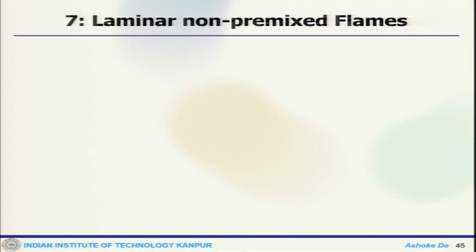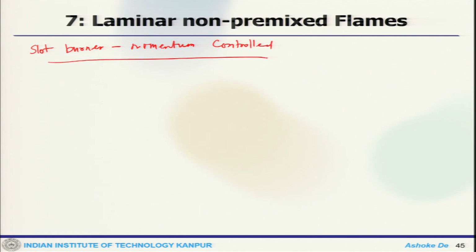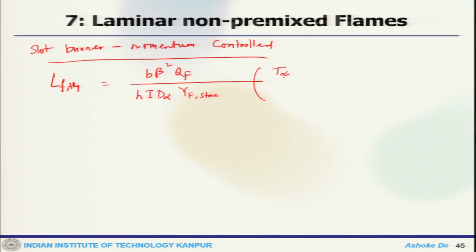Now, if the slot burner is momentum controlled, then the correlation is different, and it was given that. So, these correlations are also available in any standard book, because these are well established correlations proposed long time back. So, one can find that out, which is T infinity by.